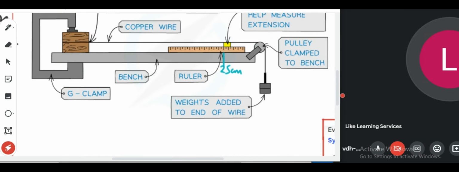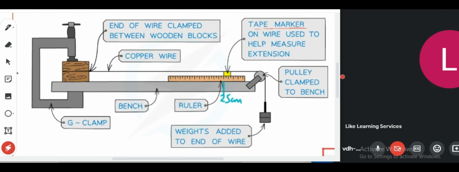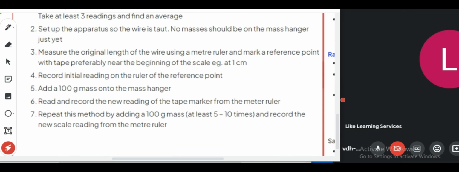We start with a 100-gram mass on the mass hanger. When we hang it, the wire will stretch, and it will carry the tape marker along as it is elongated. So from the 25 centimeter mark, it might move to the 27 centimeter mark, and we can see that the extension is 2 centimeters. Now read and record the new reading of the tape marker from the meter rule.